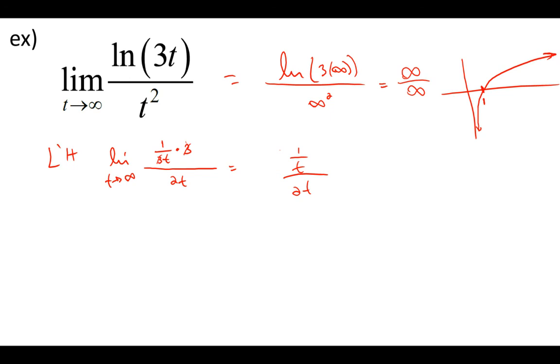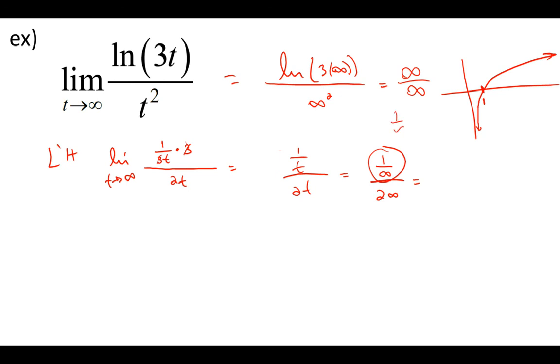All right, so in this one, let's see what we get. This does get a little bit complicated when you start getting fractions inside of fractions. But let's go ahead and plug in infinity and see what happens. So we got 1 over infinity on the top, and then 2 times infinity on the bottom. For this 1 over infinity, I want you to think back to when we first started limits.